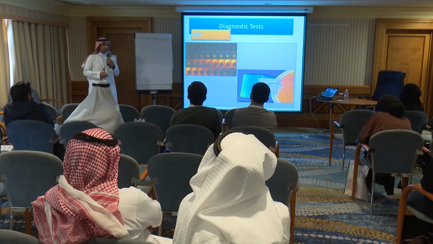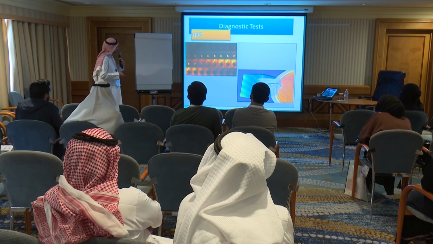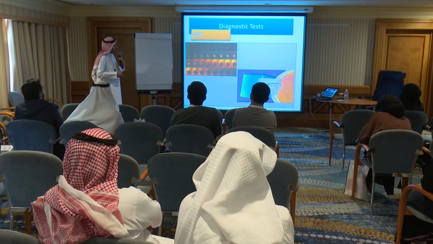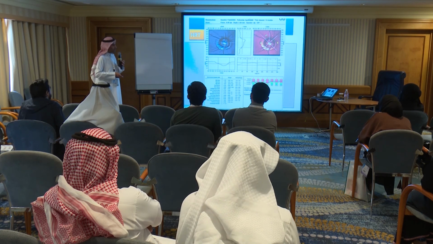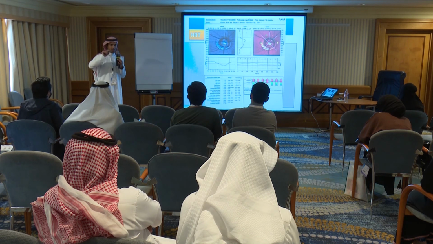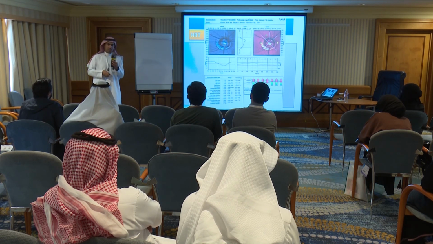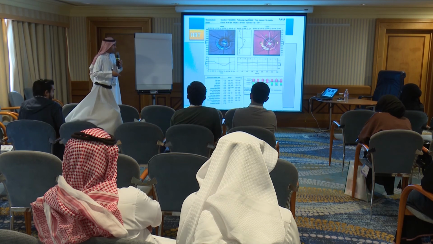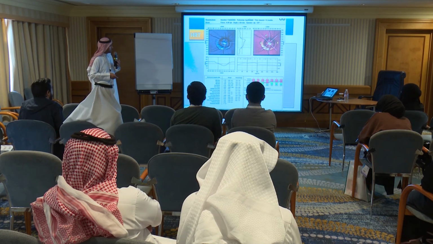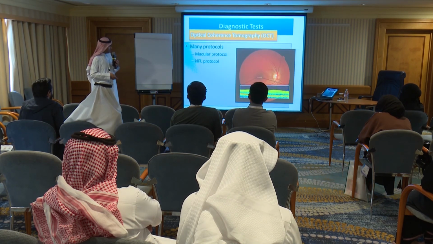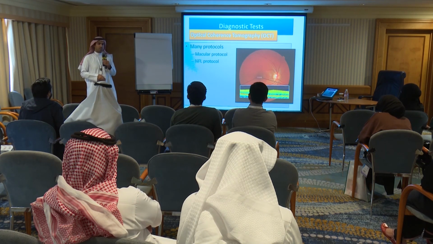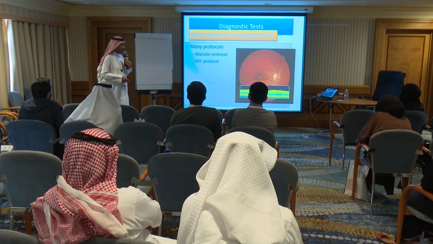Also, they evaluate the optic disc using what we call HRT. It is a machine that measures the thickness of the nerve fiber layer around the optic disc. And OCT is the same; they both measure the thickness of the nerve fiber layer around the optic disc.